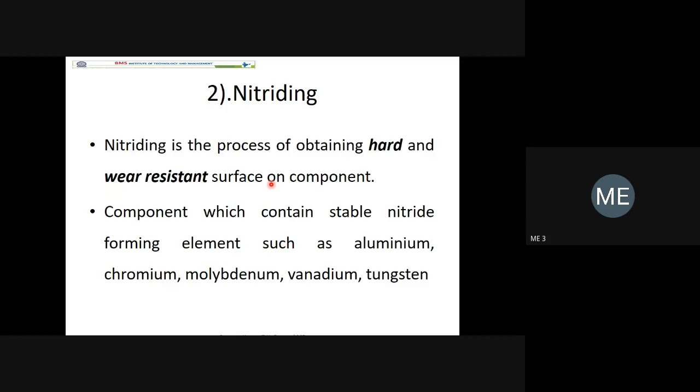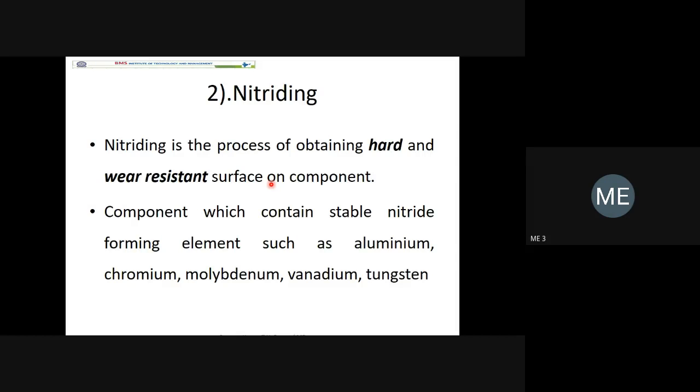Nitriding process, again, you diffuse the nitrogen atoms into the surface; the other theory part we can read. Everything is very simple as far as surface heat treatment is considered. In general, you have to remember, in the case of nitriding surface heat treatment, the nitrogen atoms, or N atoms, are diffused into the surface.